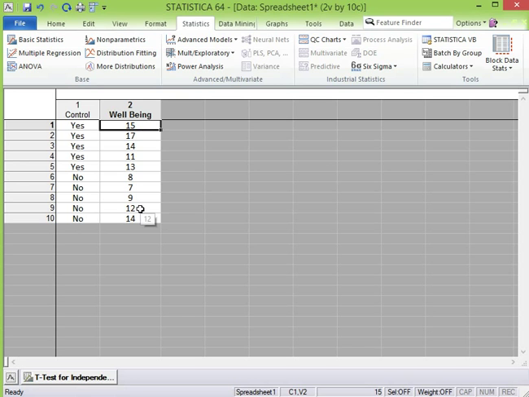So essentially, we'd like to know whether these participants who were given control have significantly higher well-being compared to those who were not given control.